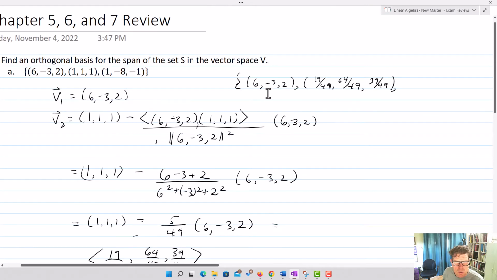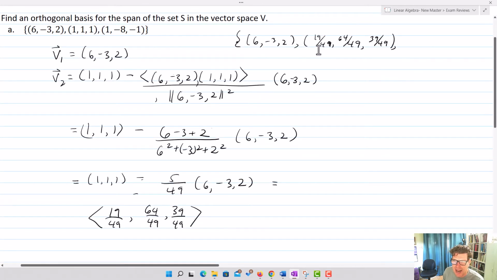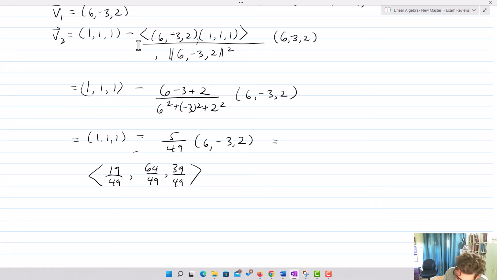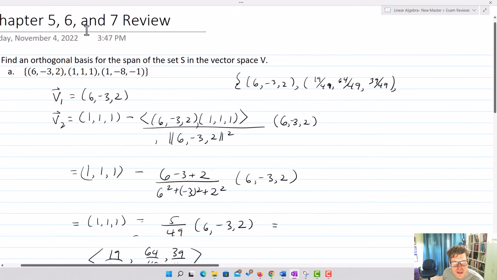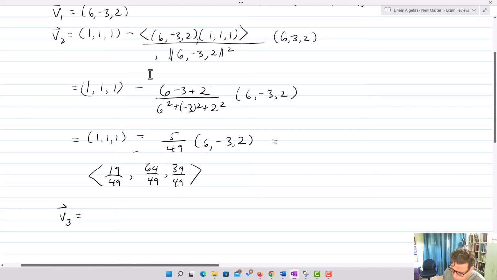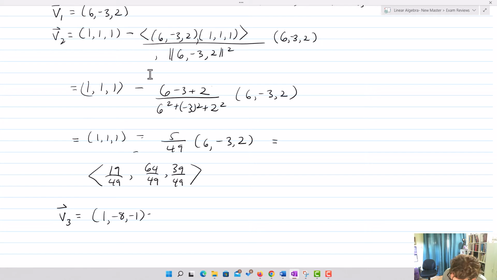Now we'll take that and add it to our set of vectors. It's now one of our orthogonal set. And now we've just got to find V3, because we're looking for a basis in R3, so we need three three-dimensional vectors in R3. V3 is going to start out with X3, (1, -8, -1), and we'll subtract from that the orthogonal projection of X3 onto V1.